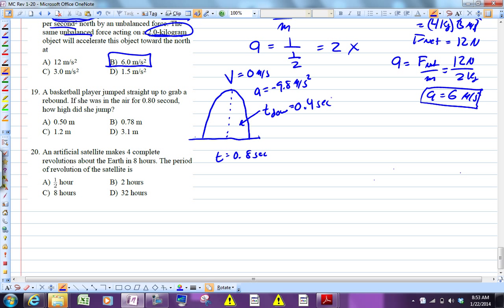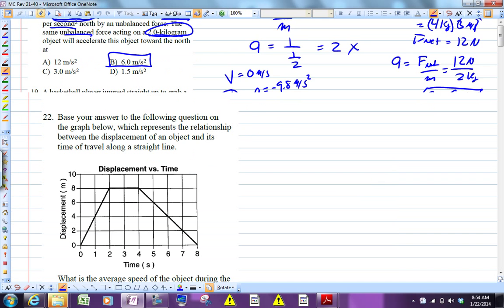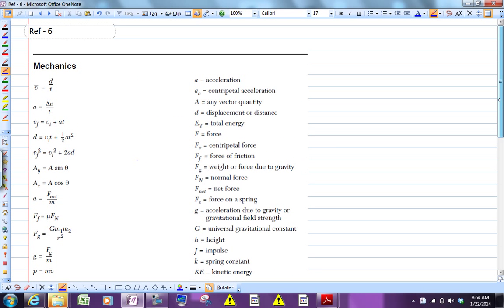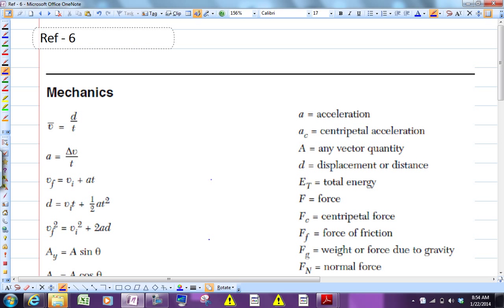At this point, we need to look at the reference table and look at our constant acceleration formulas. We're looking for a formula that has d, the thing we want to know, and we know everything else. So when you look at the formulas here, the equation that fits the bill has a d, we know vi, we know t, we know a.